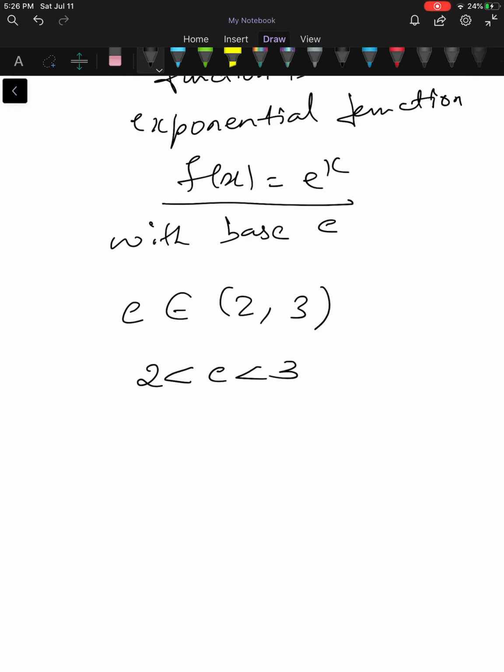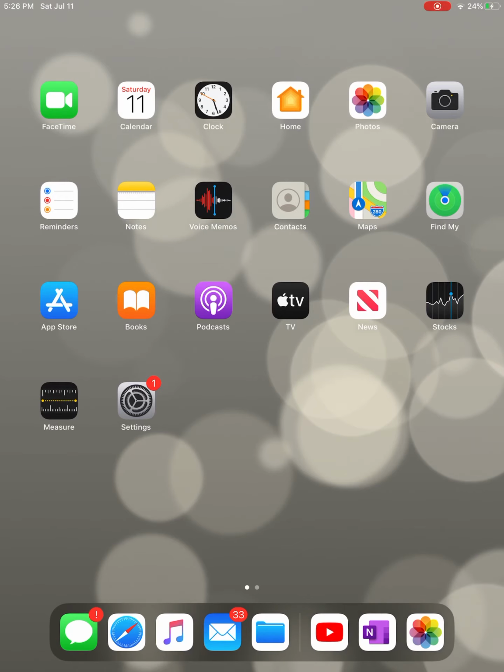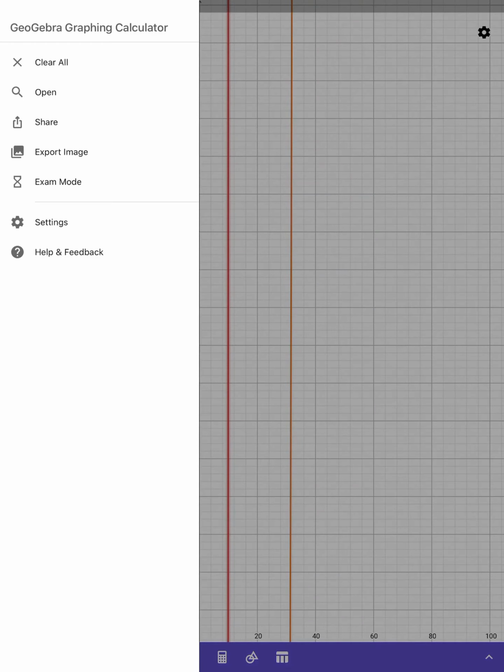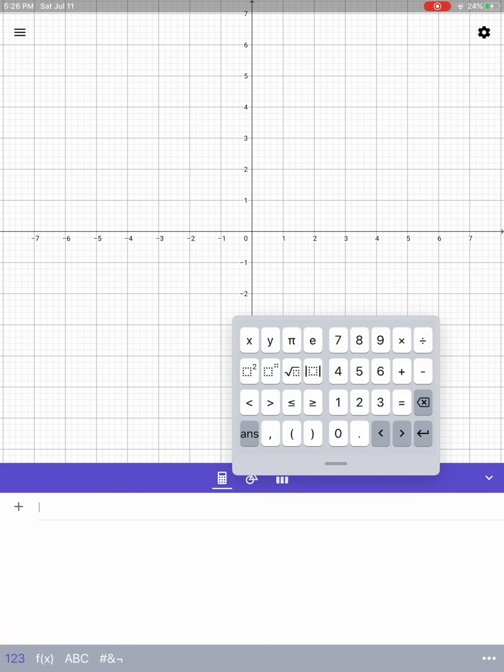So the graph of the natural exponential function is also increasing and lies between y is equal to 2 power x and y is equal to 3 power x. Let us check that on the graphing calculator.